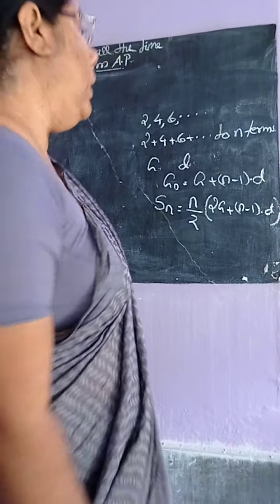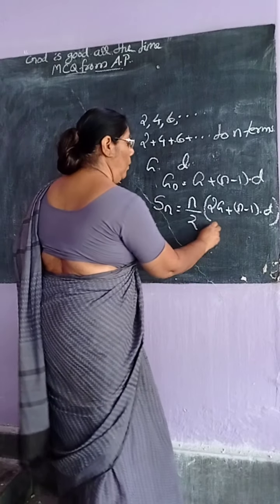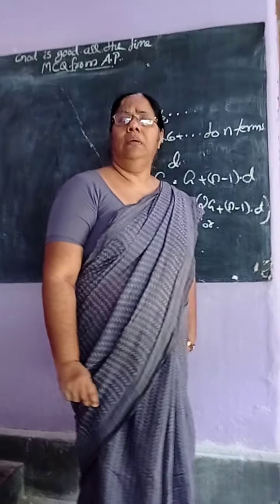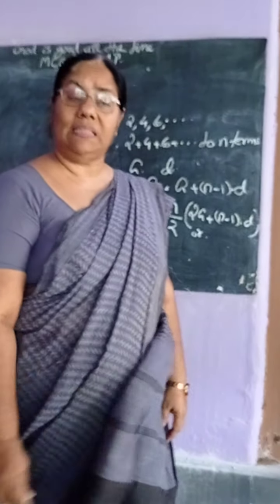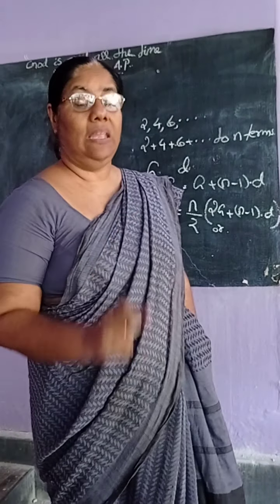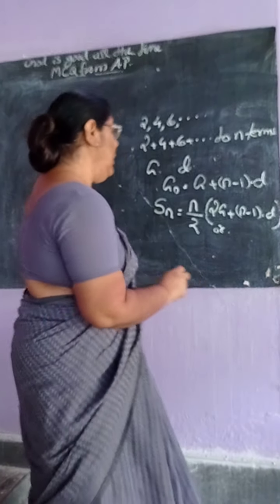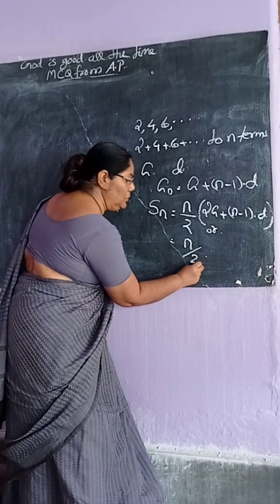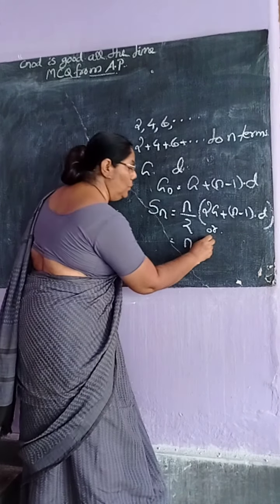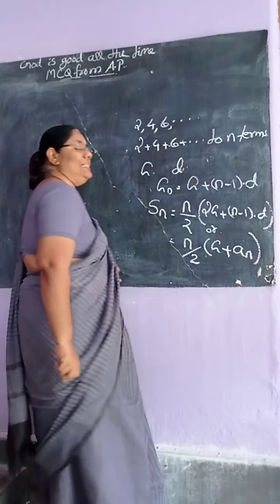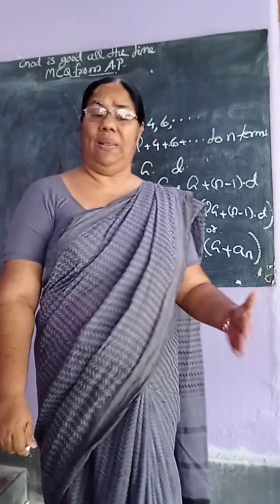Or, if the first term and last term are given, the last term means the nth term, an. If a and an are given, you can write the same formula: Sn is equal to n by 2 into a plus an, or a plus l, where l means the last term.